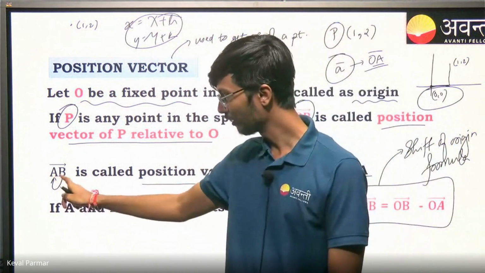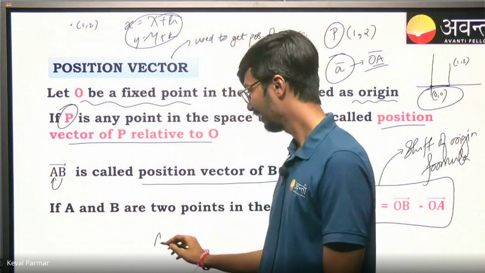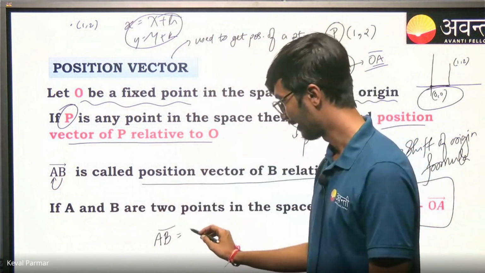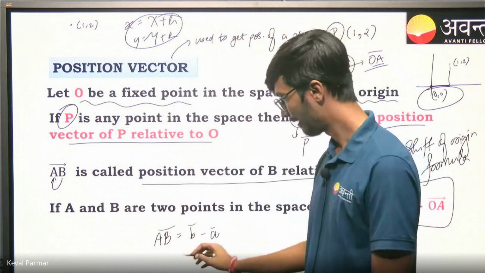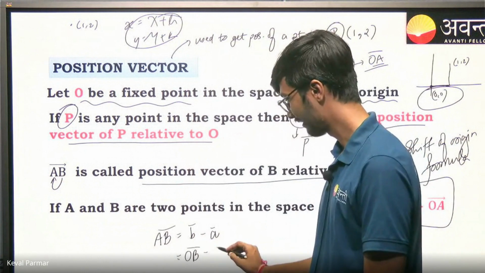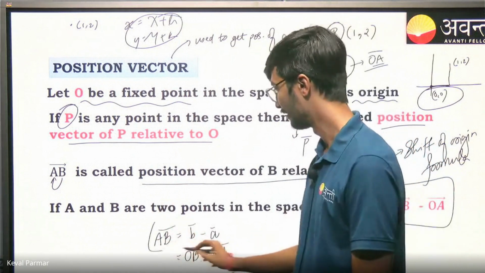Why? Because it is not with respect to origin. It is with respect to A. So how can I write AB bar? I can write AB bar as B bar minus A bar. B bar is position of point B with respect to origin, and A bar is position of point A with respect to origin.